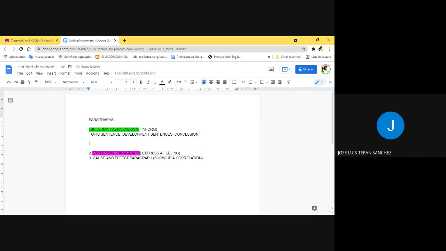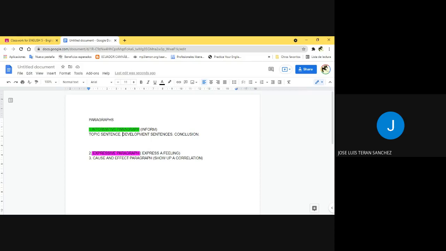So remember that what you have to look for in what you write is to inform. So you have to look for informing the reader about something. Okay, that is what you are trying to do in this type of paragraph.